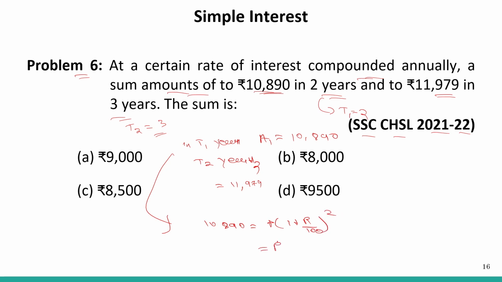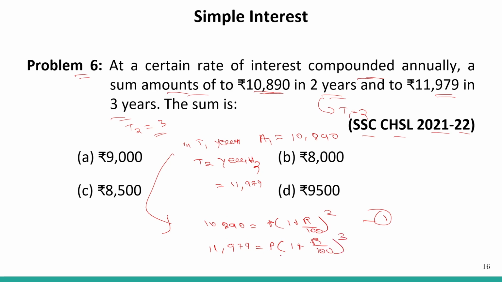P is not given to us, and the rate is also not given to us. Let this be equation 1. The second one, in 3 years, the sum becomes 11,979, which is P into (1 plus R by 100) whole power 3.